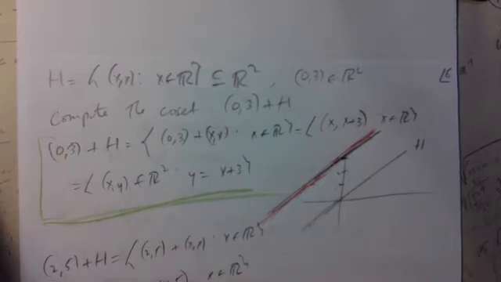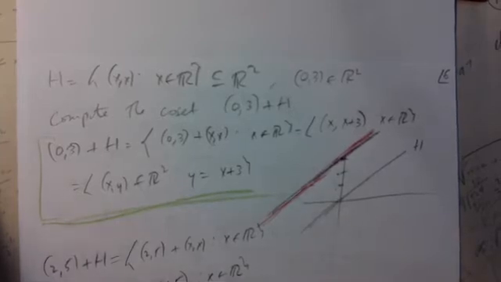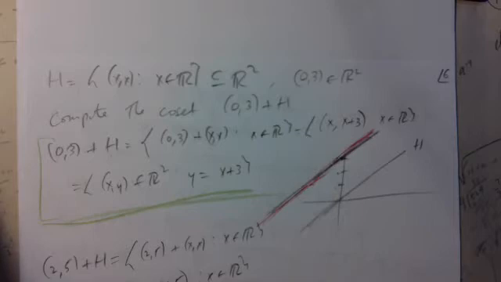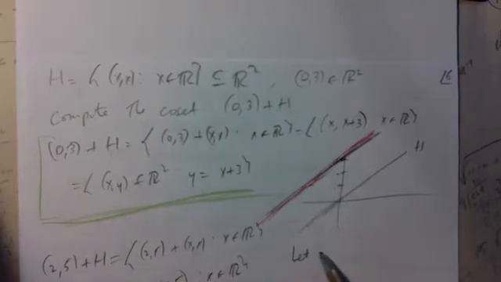And what is this? Well, I can write this, if I like, as x plus 2, and x plus 5 is the same as x plus 2 plus 3, because 5 is 2 plus 3. And let's say I let x prime be equal to x plus 2.